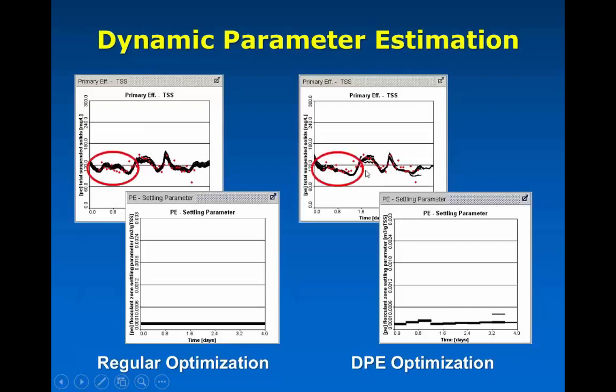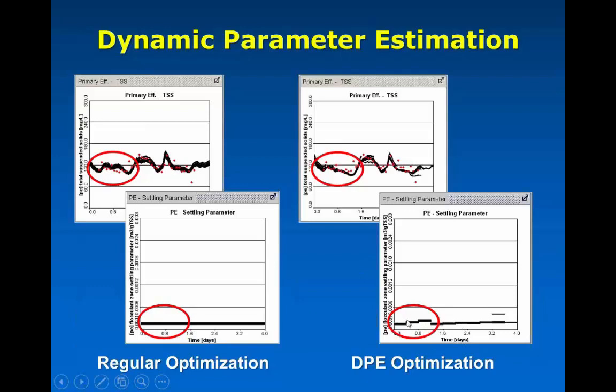And you'll notice here at the front end, by the way, that the DPE fit is quite a little bit better, particularly on these data points right here, because we allowed the model to change that value of the settling parameter that it was trying to optimize. We allowed it to change for that little portion of the simulation before going back to pretty much the value it had before.